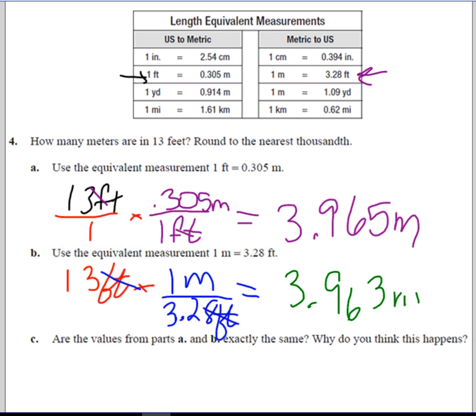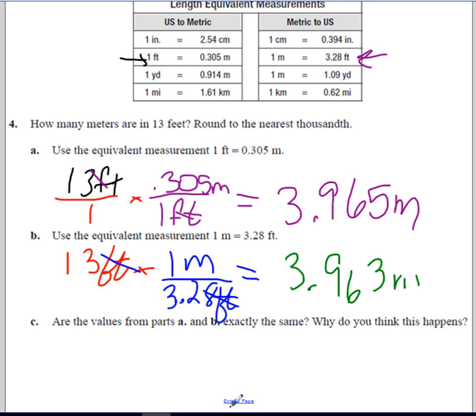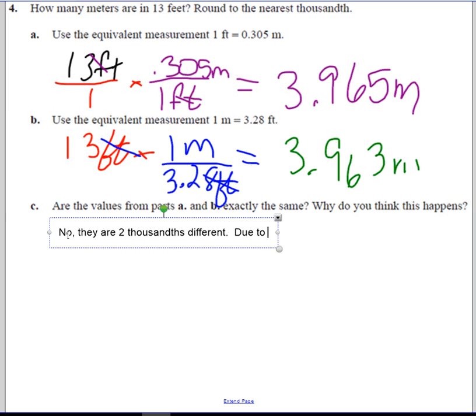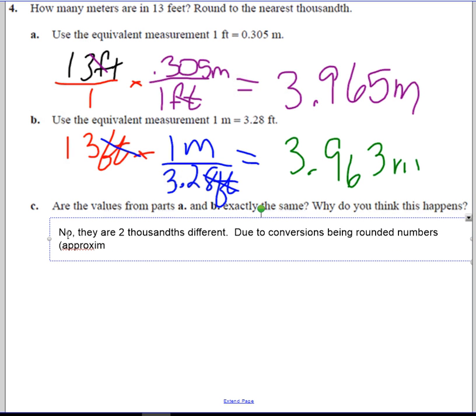And so, are the values exactly the same, and why do you think this happens? No. They are, let's say, 2 thousandths different. And this is due to conversions being rounded numbers or approximations.